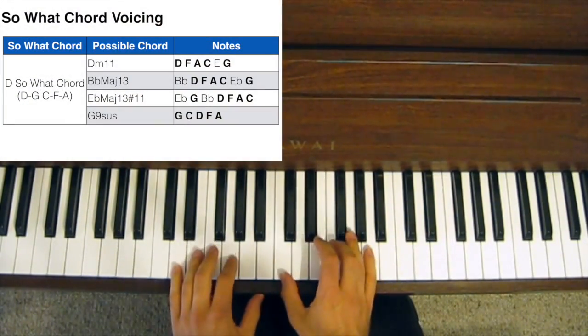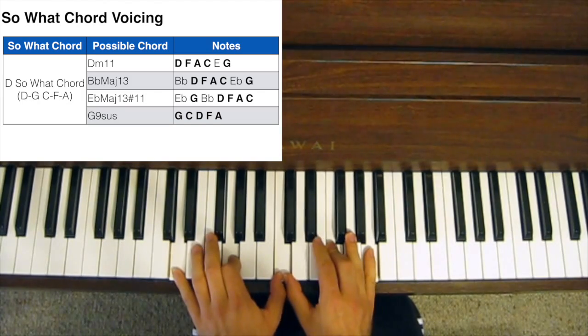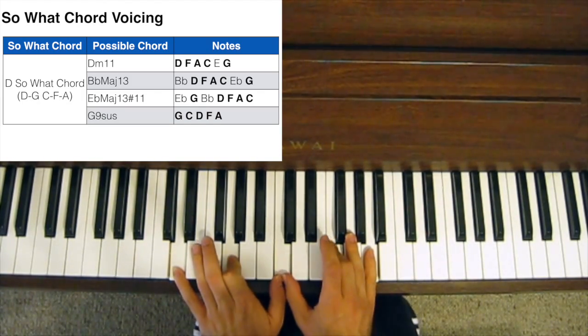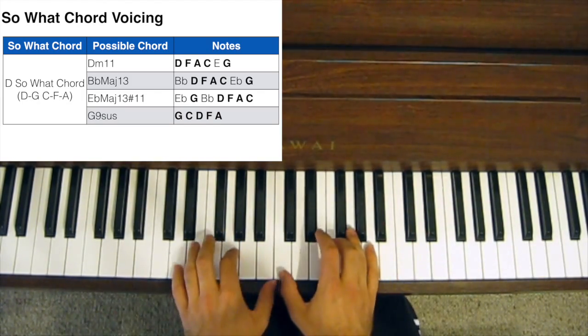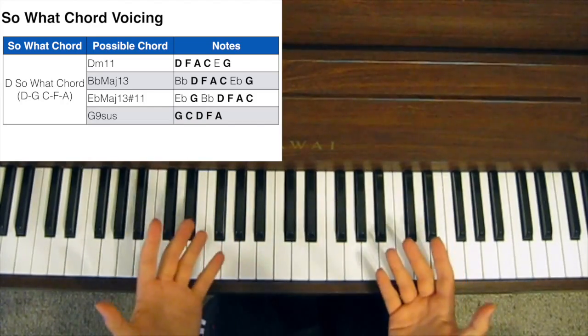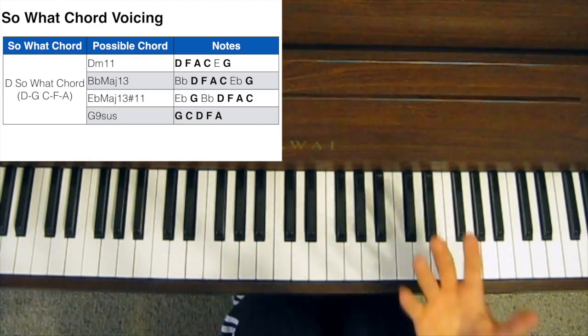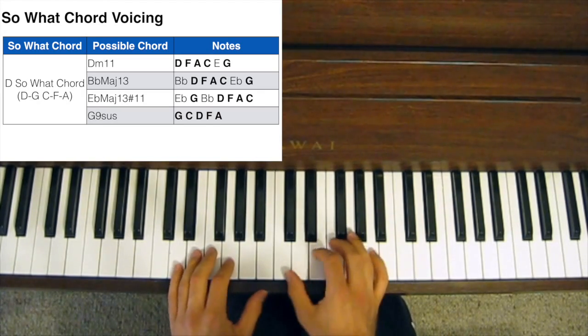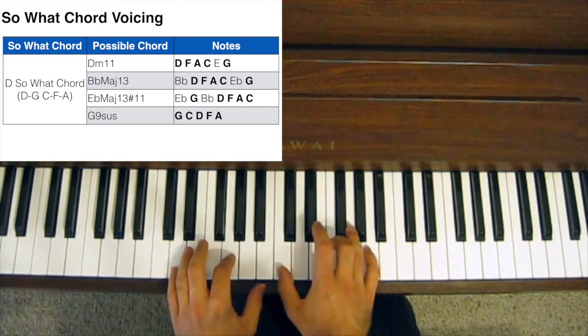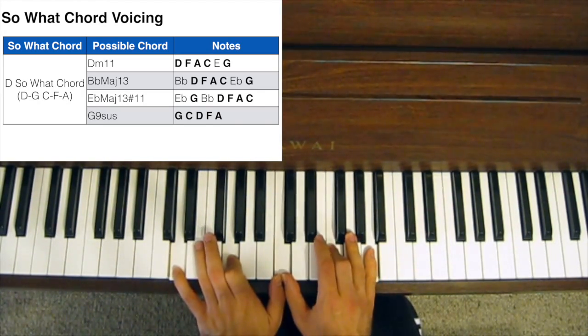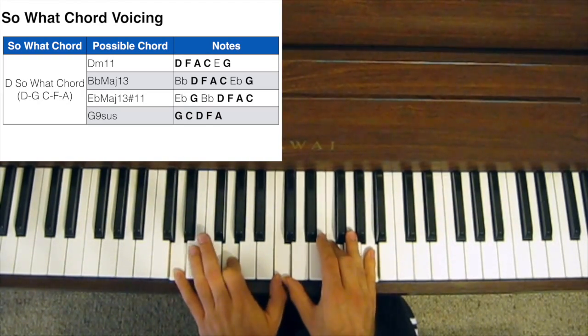Okay, so I've played the So What chord voicing, but now let's have a look at what chord this actually is. Now, because of its ambiguity, like I said earlier, because of its more modern sound and its vague and ambiguous harmony, and the fact that it's built in fourths rather than thirds, it can be a number of different chords at once, or depending on the context.